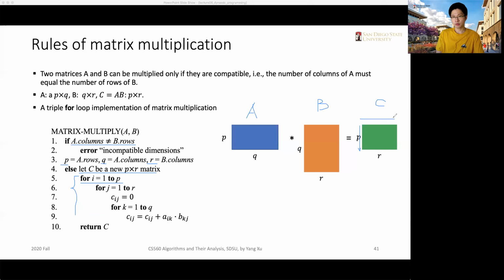And the second for loop iterates over the columns, which is 1 to R, right?